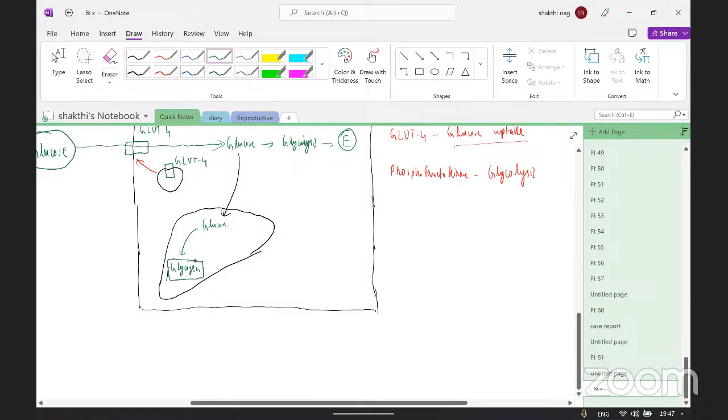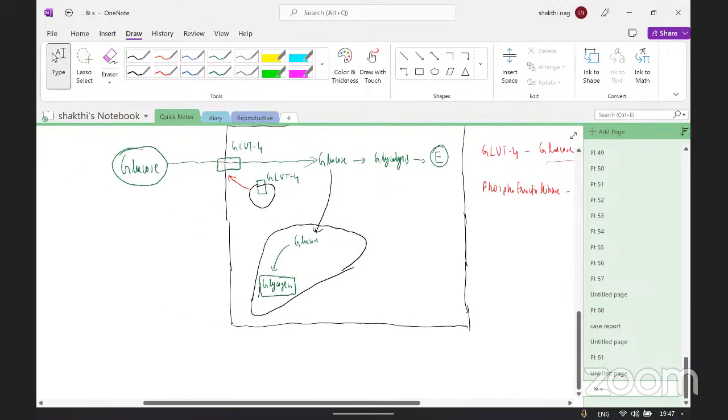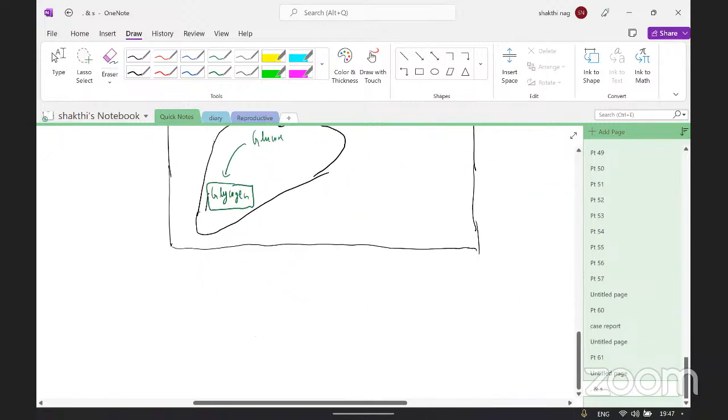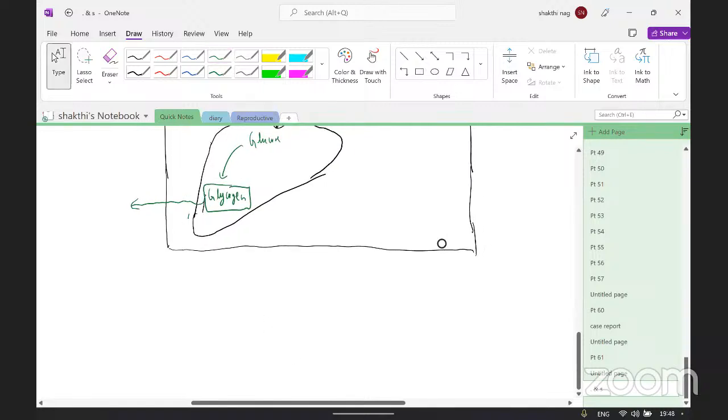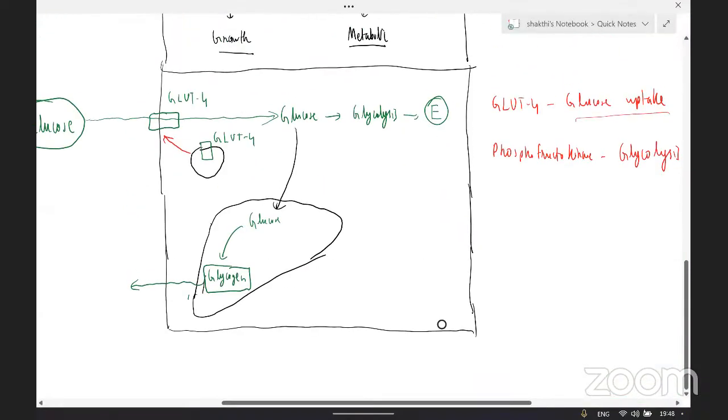The thing about the glycogen in your liver is, when needed, later, like for example, glucagon acting, your glycogen can be converted to glucose and glucose can be given to the rest of the body. Okay, so glucose can be given to the rest of the body that way. So that is it from your glycogen.